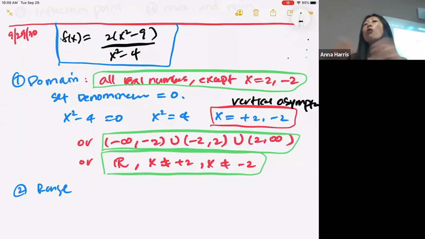The domain is all real numbers except x equal to -2 and x equal to +2. That x equal to +2 and x equal to -2 is your vertical asymptote. So what you found right here is the answer to number 5. So I already did number 5, vertical asymptote.